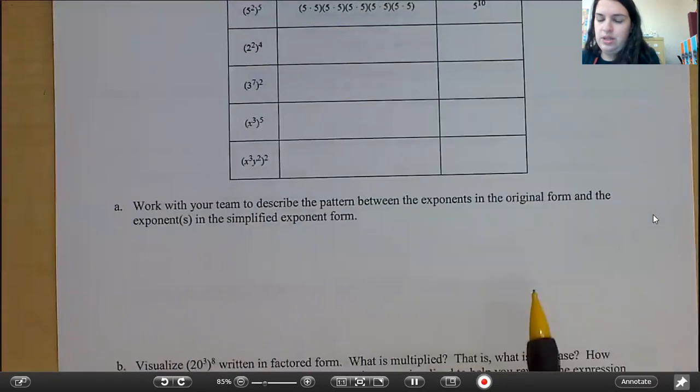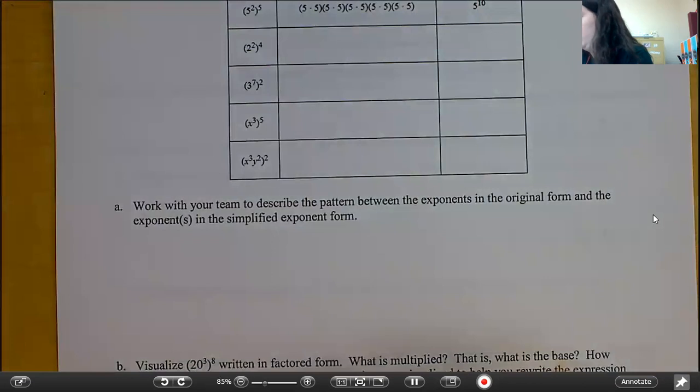So A says, work with your team to describe the pattern between the exponents in the original form and the exponents in the simplified form.